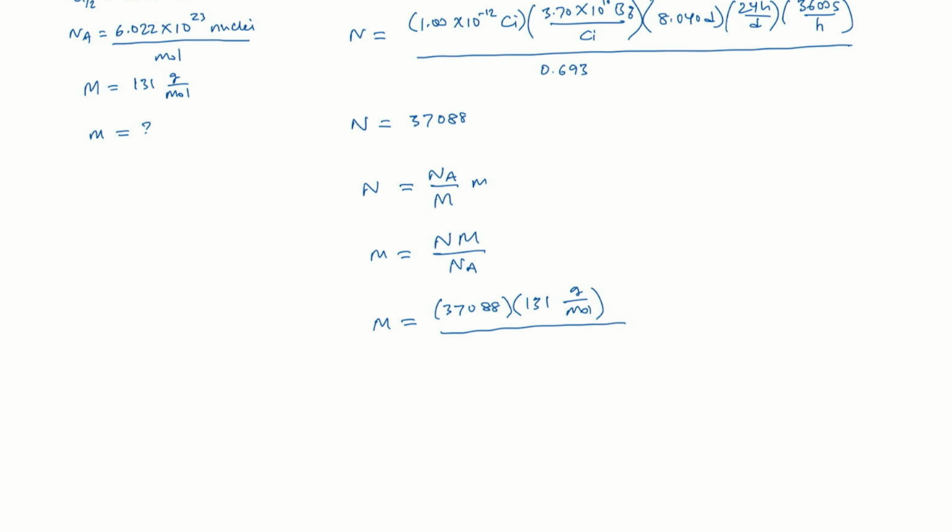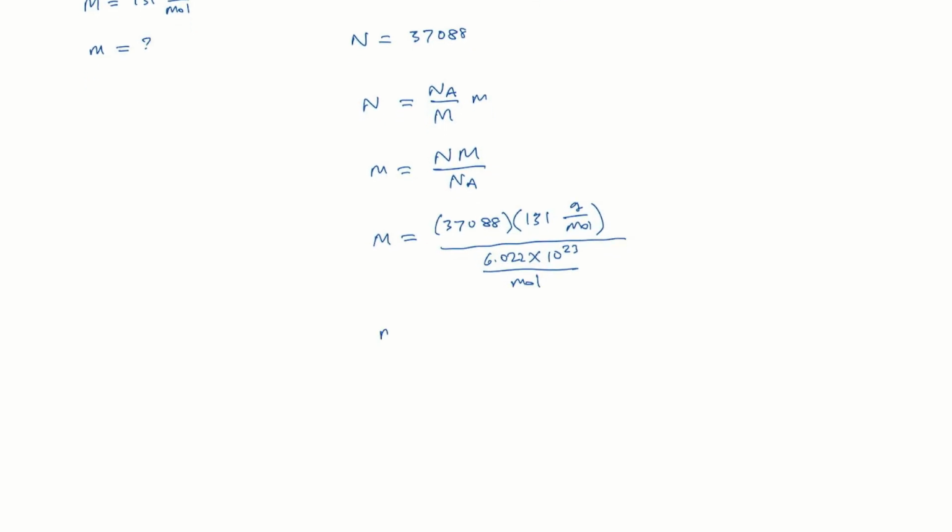Then divided by 6.022 times 10 to the 23 nuclei per mole. And we are left with grams. Okay, this is good. And so the mass is going to be 8.067 times 10 to the minus 18 grams.